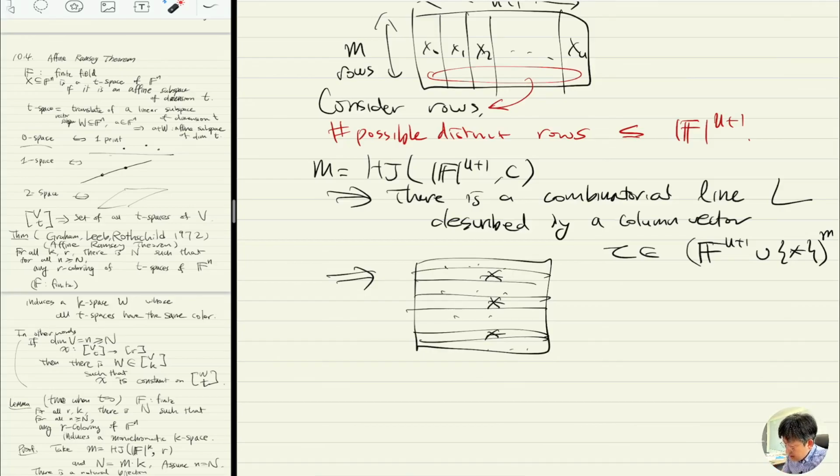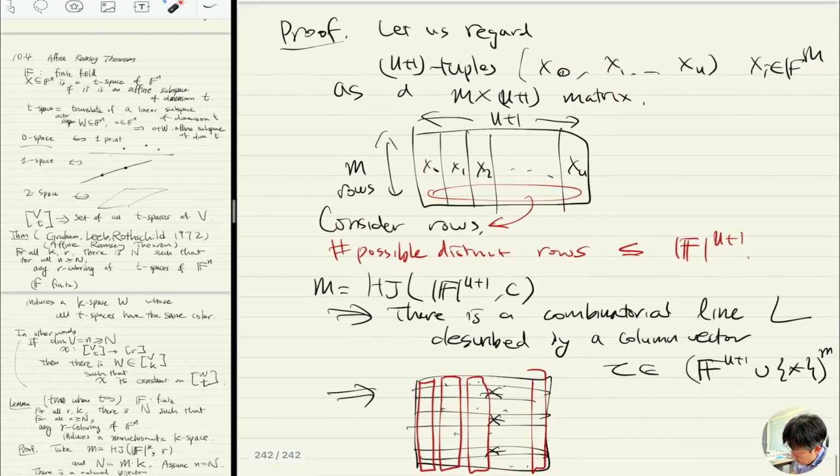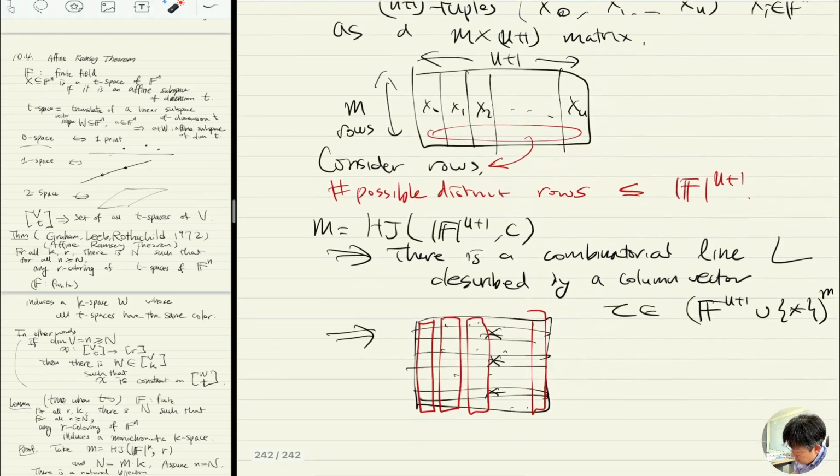That means if I look at this matrix in terms of column vectors, right? What do we get? And by the way, what do we mean by combinatorial line?